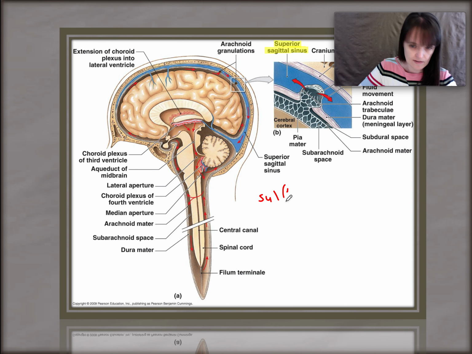Sulfasoxazole and sulfadiazine. There we go, sulfa drugs.